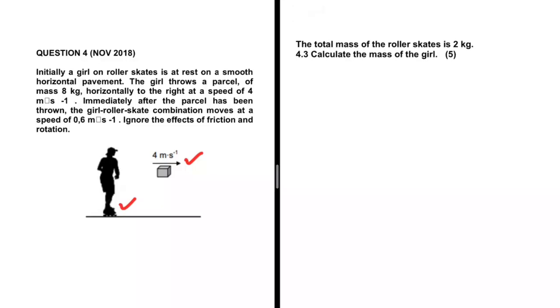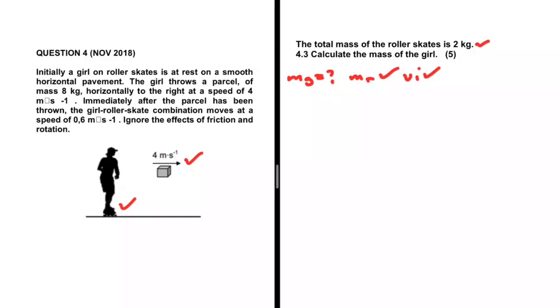Let's go ahead and take a look at 4.3. So 4.3, the total mass of the roller skates is 2 kilograms. Calculate the mass of the girl. Okay, so let's take a look. We want to find the mass of the girl. We have the mass of the roller skates, obviously. We have the initial velocity of the roller skates and the girl, right?